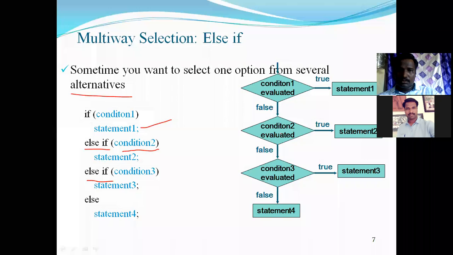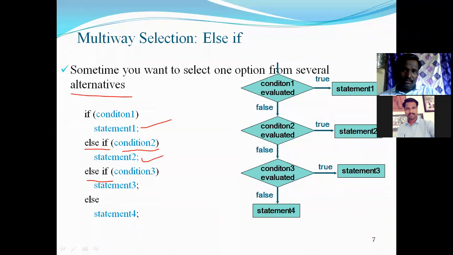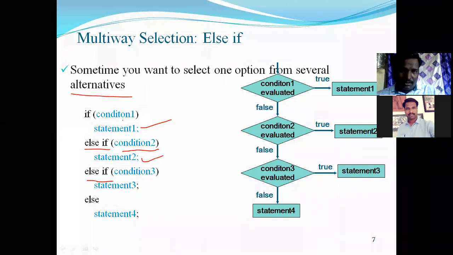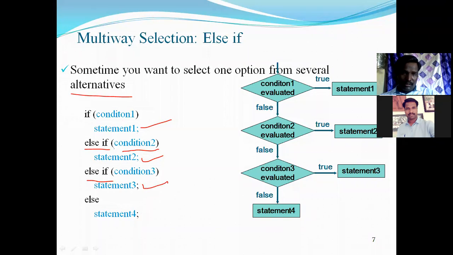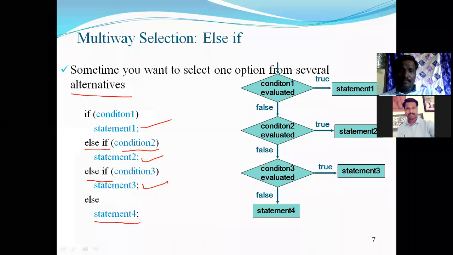If the second condition is true, then statement two gets executed. So we have a set of options, and whichever condition matches, that particular statement gets executed. If all conditions are false, then statement four gets executed.